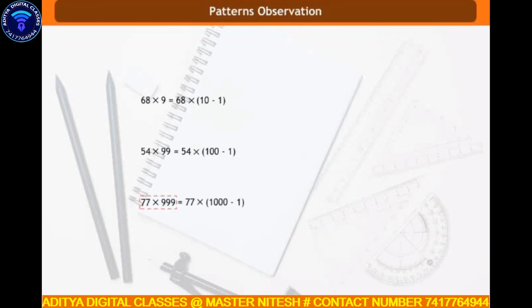And 77 into 999 is equal to 77 into (1000 minus 1). Using distributive property, we can write 68 into (10 minus 1) as 68 into 10 minus 68 into 1, which equals 680 minus 68, or simply 612.